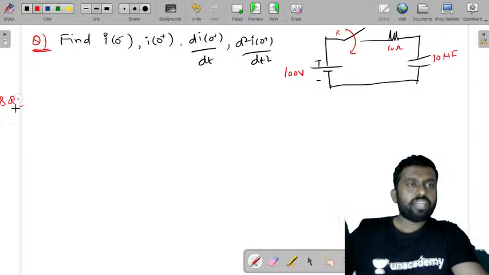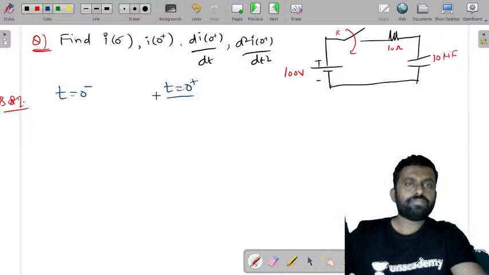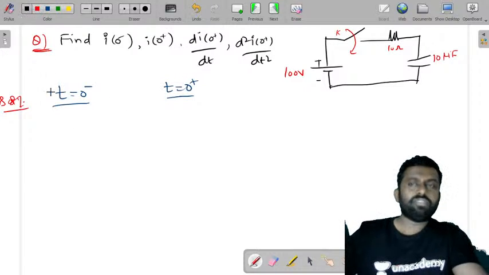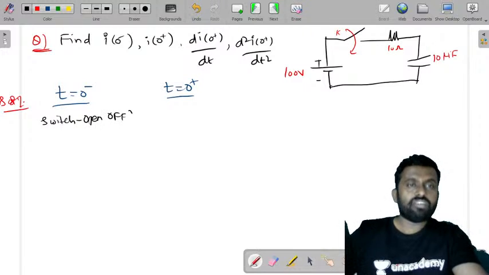Now if you try to solve this, what do you get? First you need to write what is t = 0- and t = 0+. At t = 0-, the switch is open, or you can also say it is off.